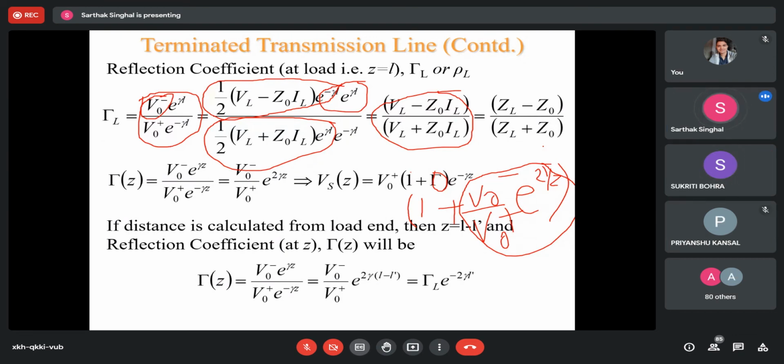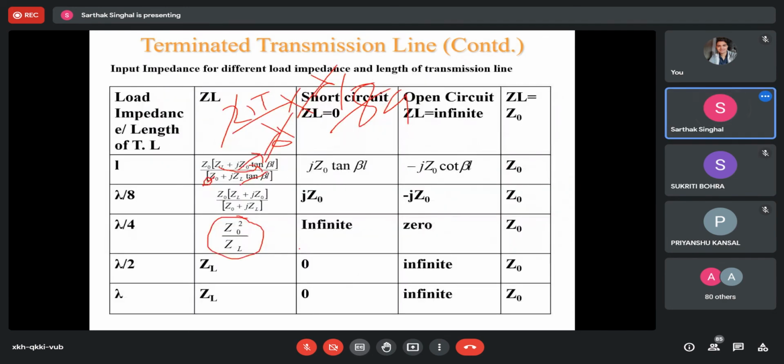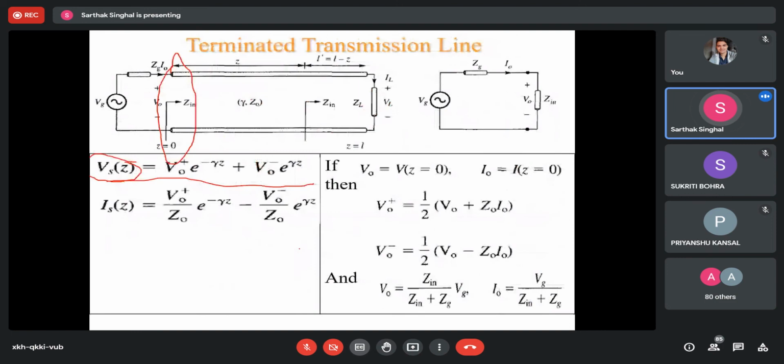Okay. Now, if I want to calculate the reflection coefficient at a point at a distance of L dash from the load terminal, till now we were talking about the distance from the generator terminal, right?